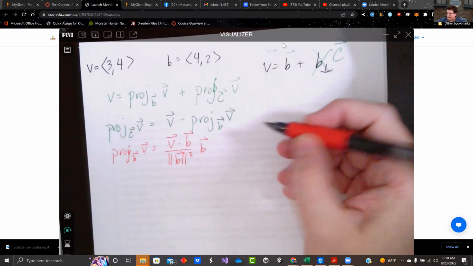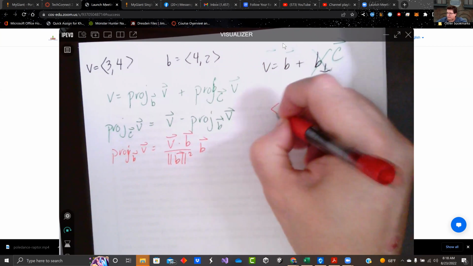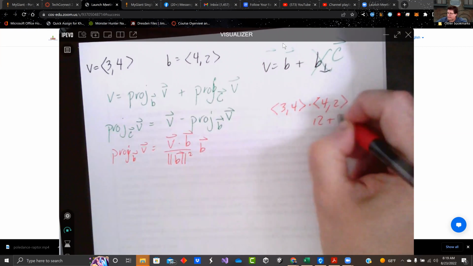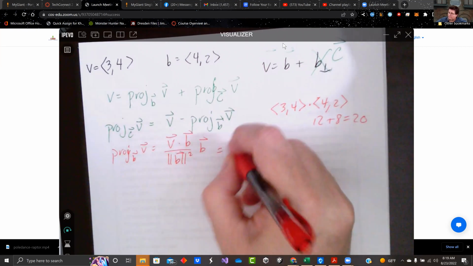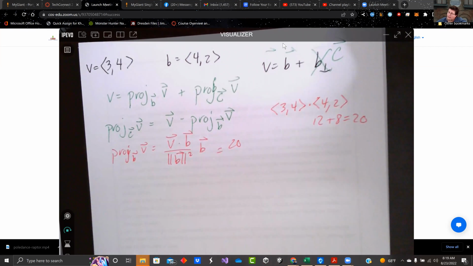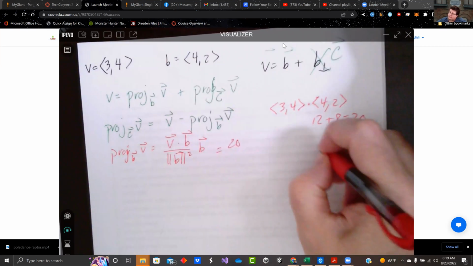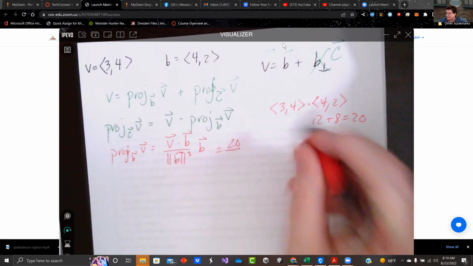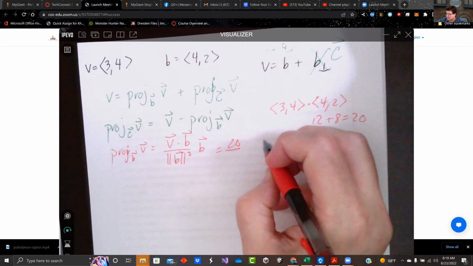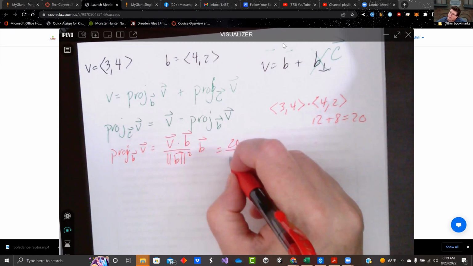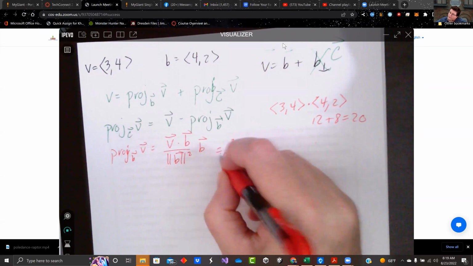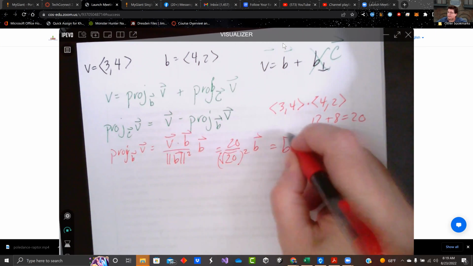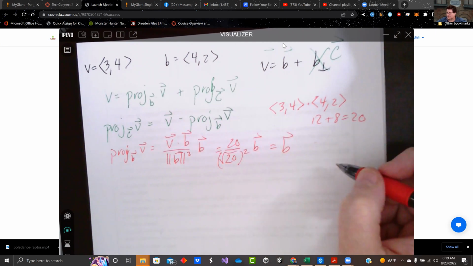This avoids the use of E. Let's see, V dotted with B: 12 plus 8 is 20, so we got 20 on top. Magnitude of B was square root of 20. Look at that. Square root of 20 squared times B, and we just end up with B, which makes sense.